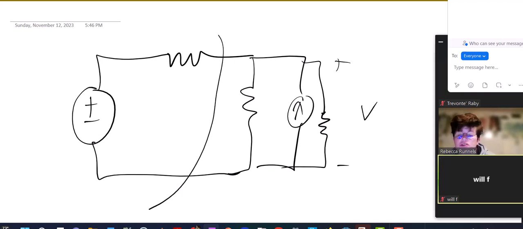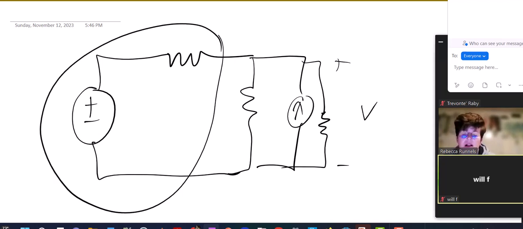I would do a source transformation here because it simplifies this part of the circuit, but it changes this very voltage source and resistor, and so I can't use it to measure these things. So you have to be really careful not to transform the thing that you're actually trying to measure.